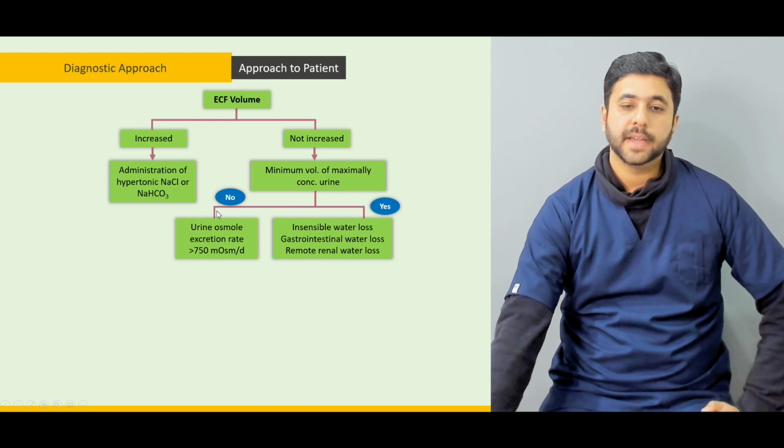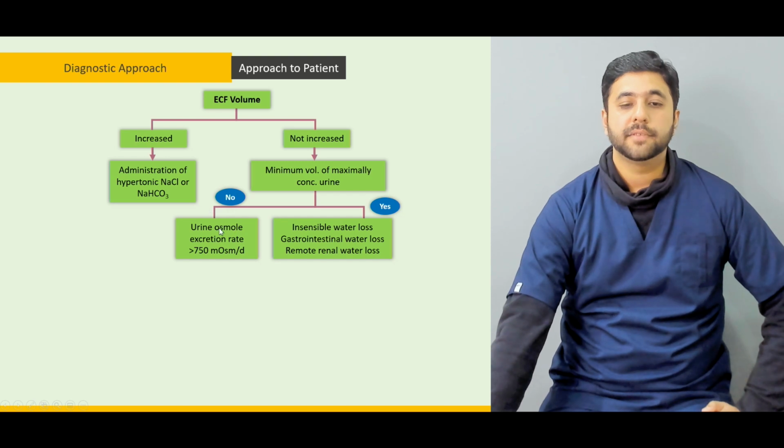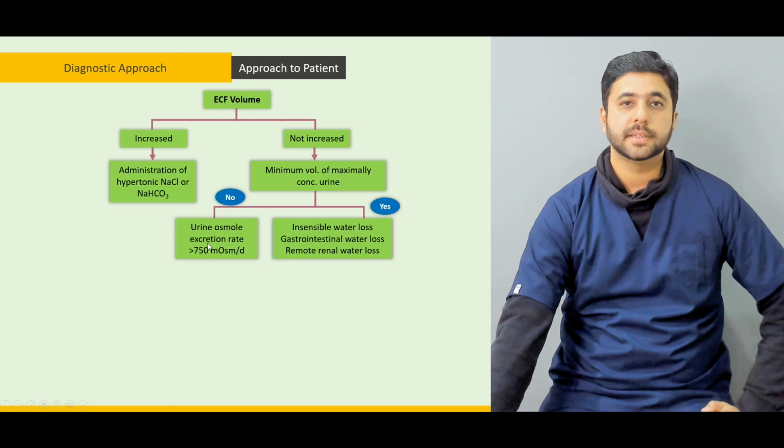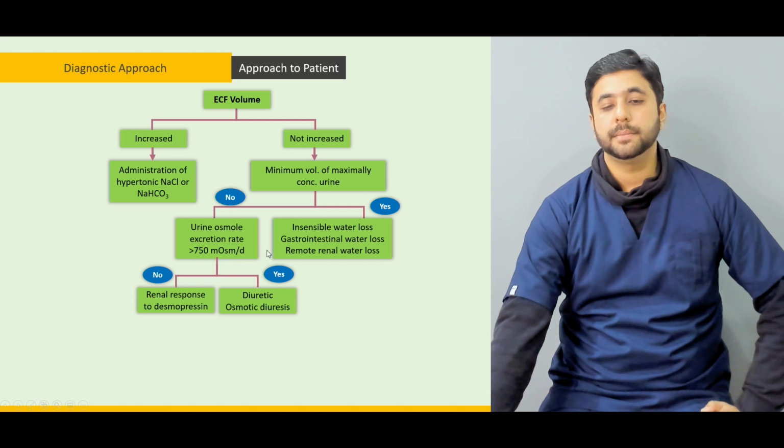But if this does not happen and we don't have the normal urine concentration ability, then we have to look at the urine osmoles. Now, if the excretion rate is high, for example, if someone is having polyuria, the volume is increased and the osmolarity is increased as well, greater than around 750 milliosmoles per day, then that is majorly because of some diuretic.